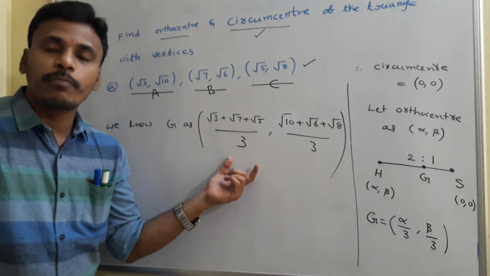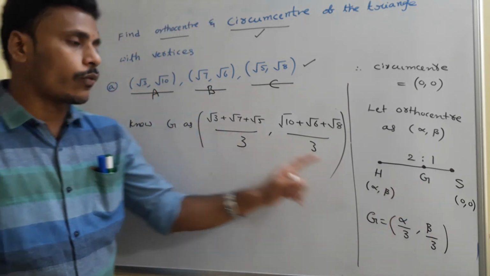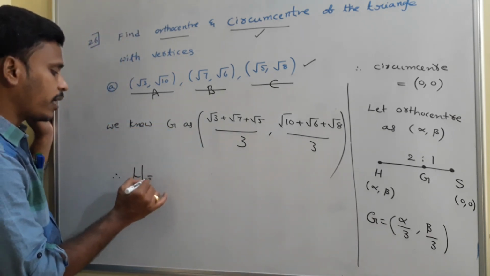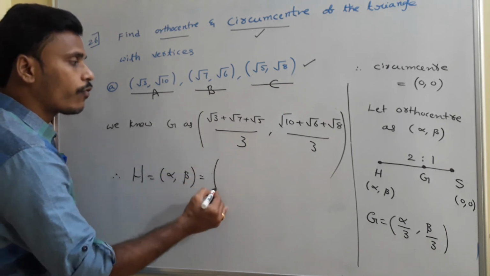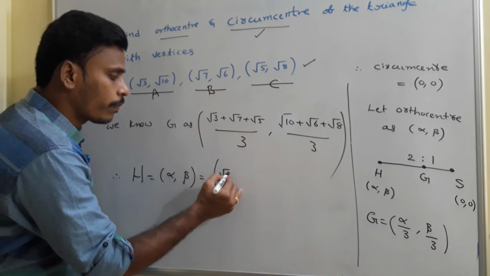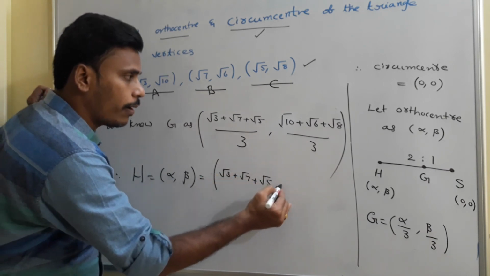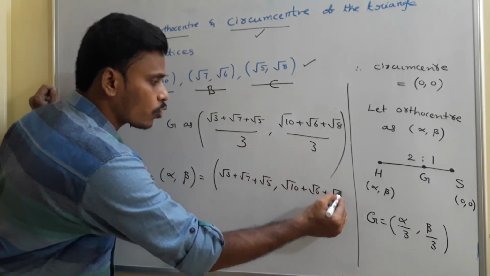This is the centroid by the centroid formula, and the earlier one is the centroid from the Euler line. When you equate these two, you will get alpha and beta, which is simply the orthocenter. So the orthocenter is (root 3 plus root 7 plus root 5, root 10 plus root 6 plus root 8).